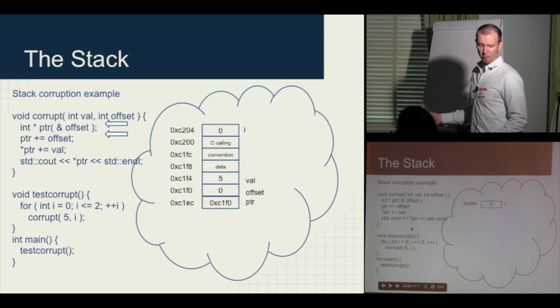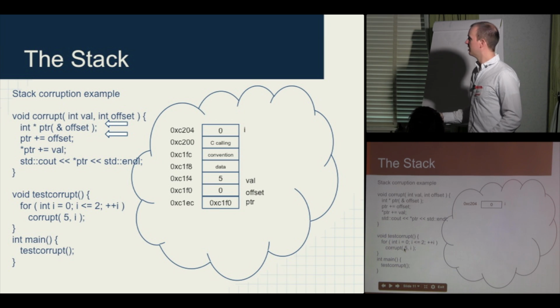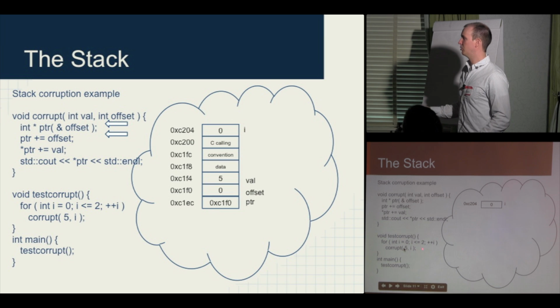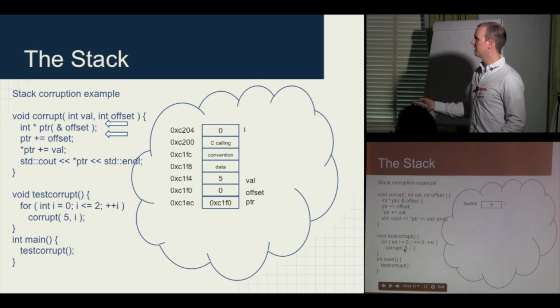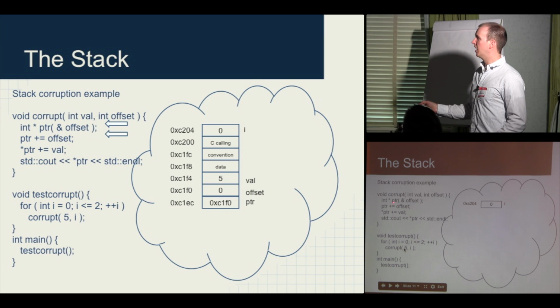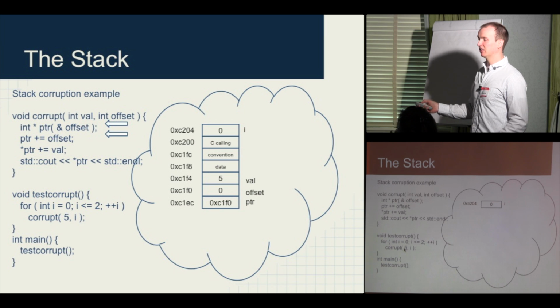So I've got this function test corrupt, and it's going to iterate and call the function corrupt with value 5 and this value I, the loop counter, and it's going to do it 3 times. Corrupt is going to take 2 values, val and offset. It allocates an integer pointer, PDR, and gives it the address of offset. Then it's going to change the pointer.